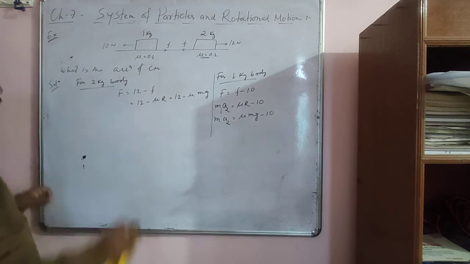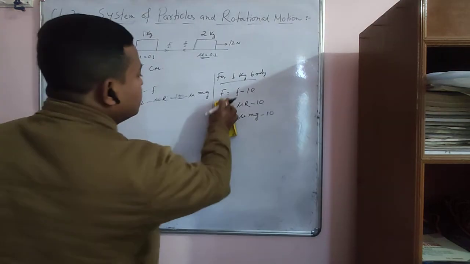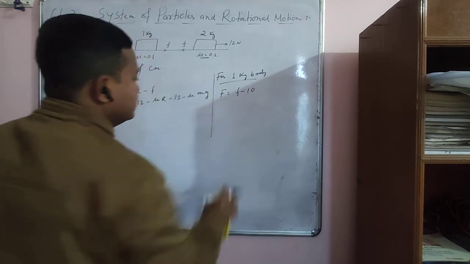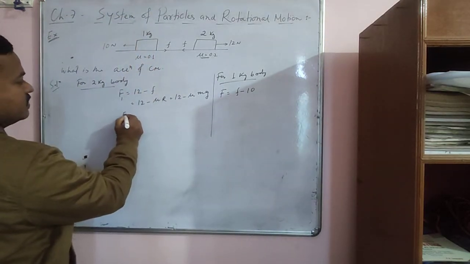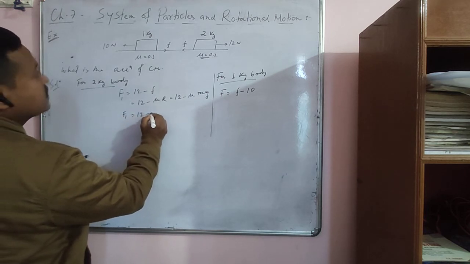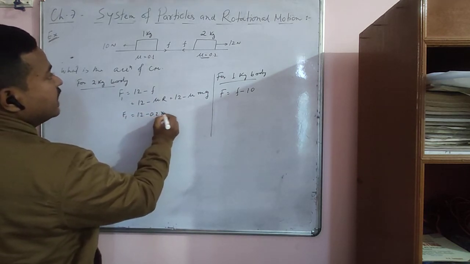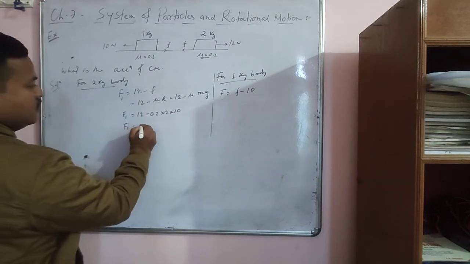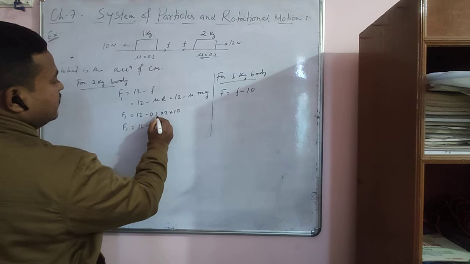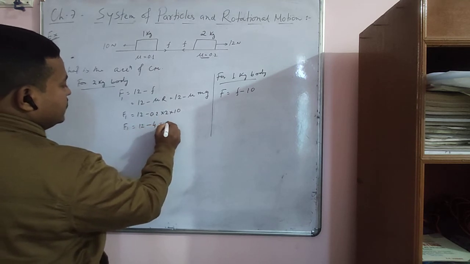Suppose this force we take as F1, then you can calculate easily. F1 is equal to 12 minus mu, which is 0.2, times m, which is 2, times g, which is 10. So F1 is 12 minus 4, that is 8.